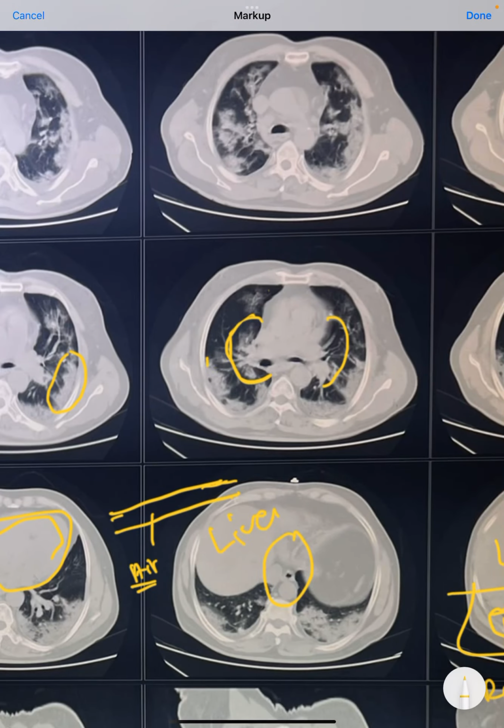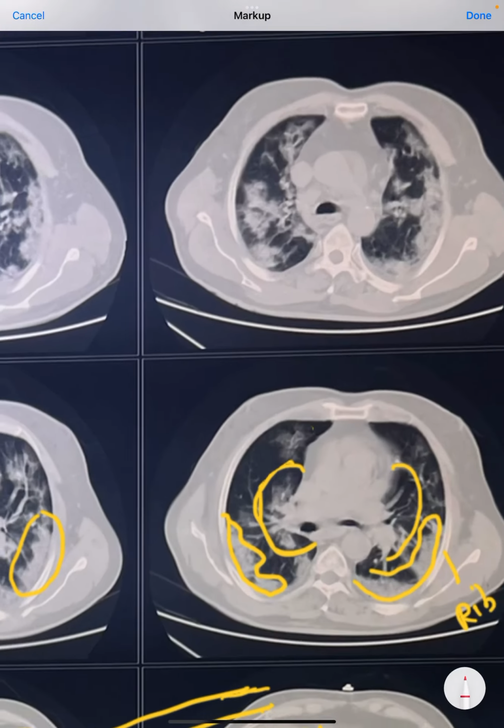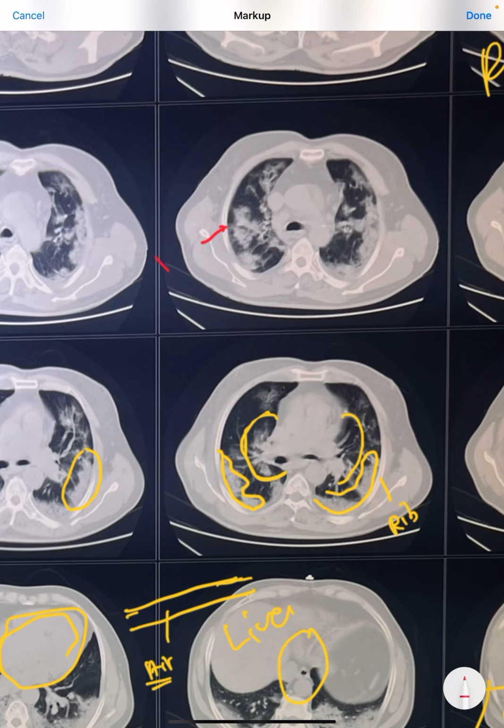You can see this is the end of the lung, and you are having a patch here, and a patch here. This is the rib, the dense white is the rib. Just adjacent to the rib, you are having these lesions.